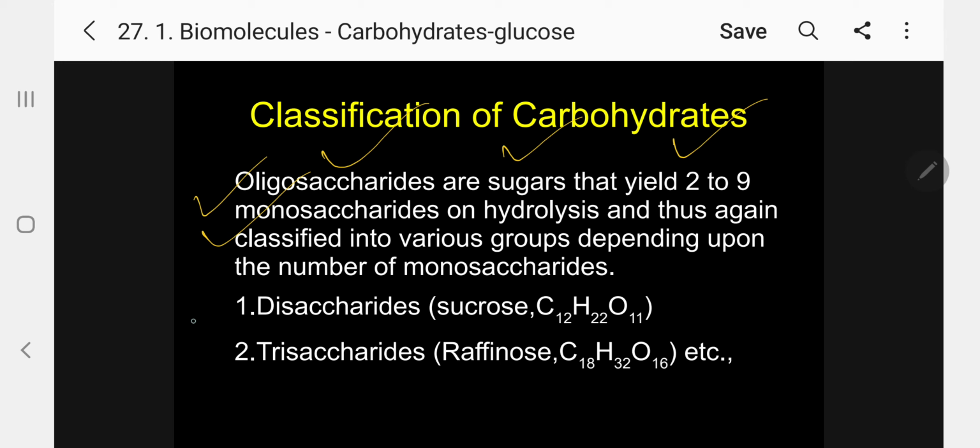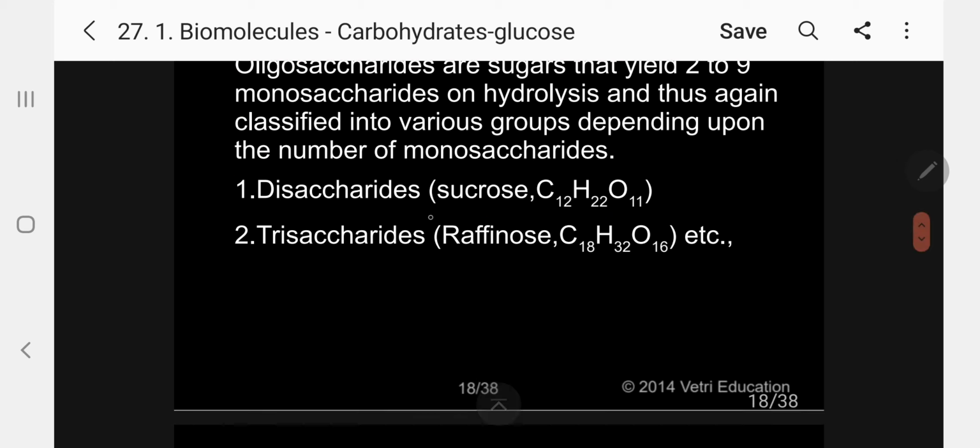If it is 2, disaccharide, specific example sucrose, C12H22O11. One water molecule is eliminated during its formation. Then trisaccharide, example raffinose. Kindly remember raffinose. It is a trisaccharide, C18H32O16.